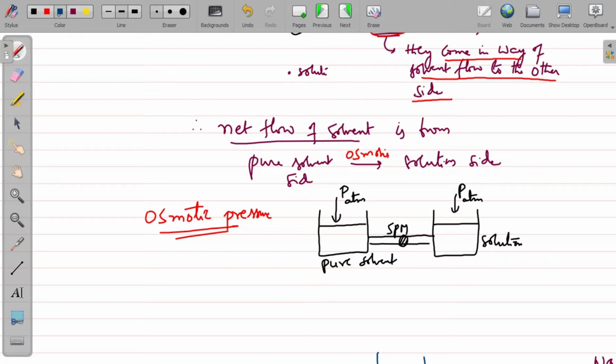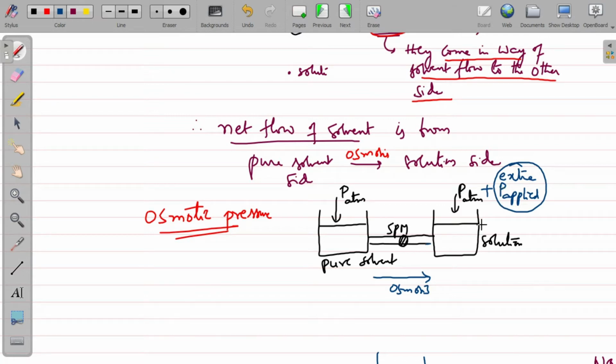Now normally if you leave it like this, the flow will be from the left hand side to the right hand side. This is osmosis. Now suppose you apply extra pressure here. Atmospheric pressure is already acting here. Suppose extra pressure is applied on the solution side, then what happens?